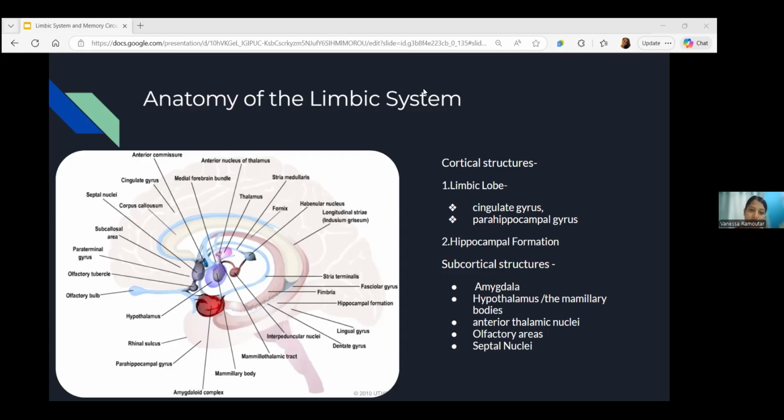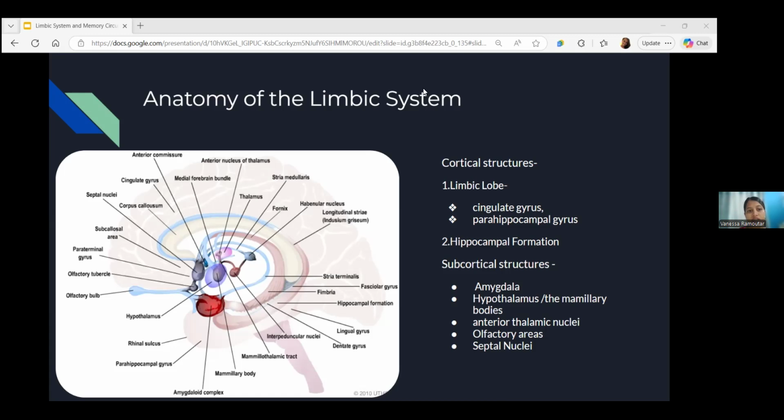The subcortical structures shown are the amygdala, the mammillary bodies, the anterior thalamic nuclei, the olfactory areas, and the septal nuclei. I'll be discussing the hippocampal formation and the amygdala in detail shortly, but I would just like to give an overview of the remaining structures.